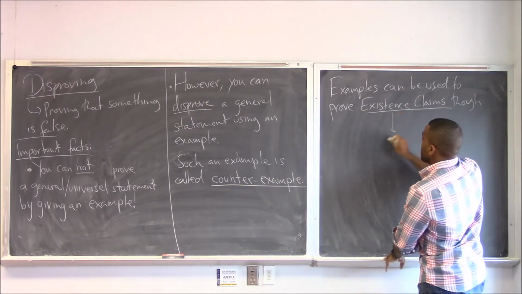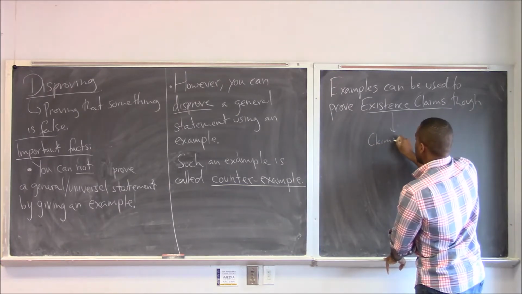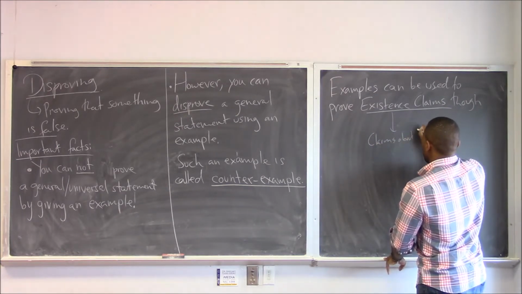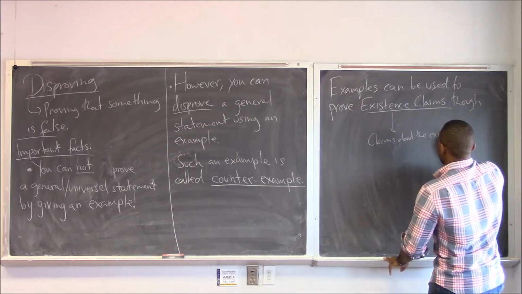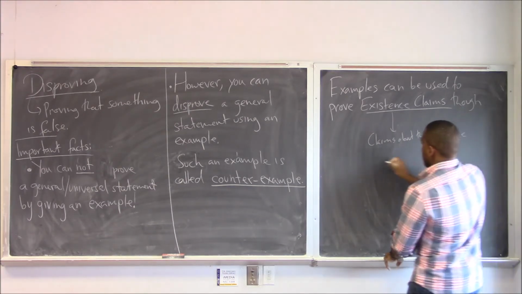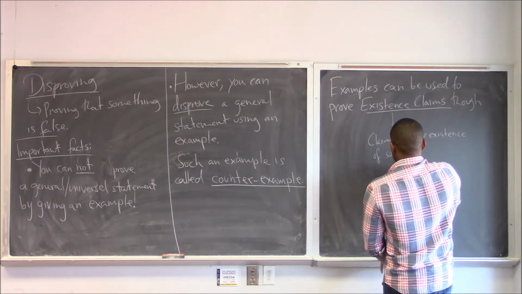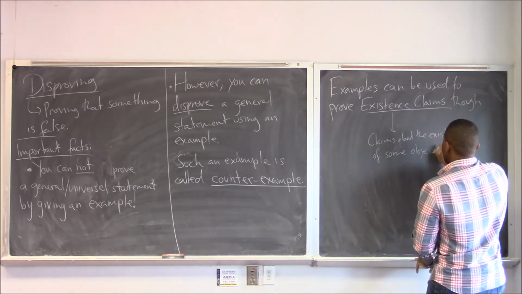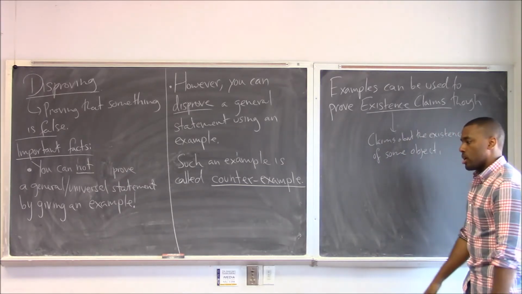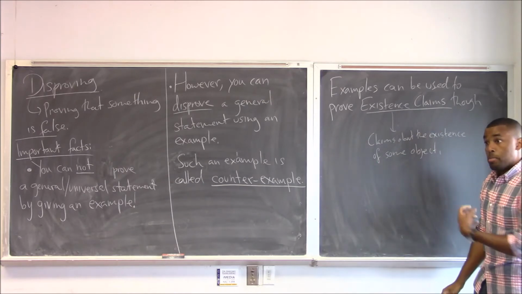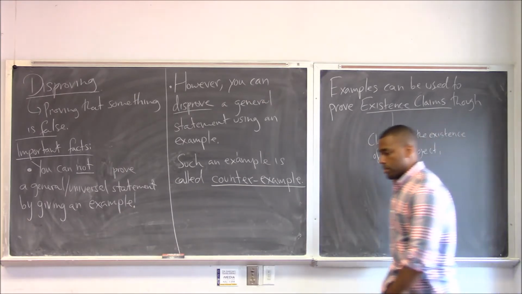So these are claims about the existence of some object, right? So if I say somewhere in the universe there exists this object, you can actually prove I'm right by providing an example of that object.